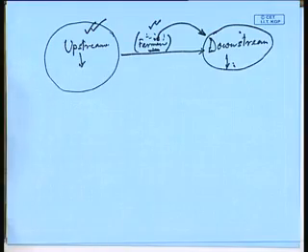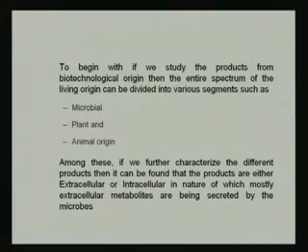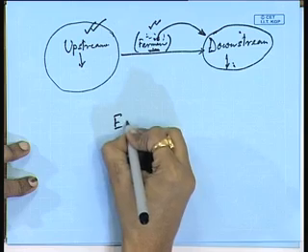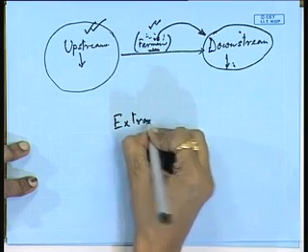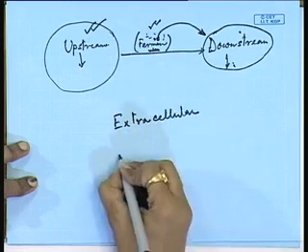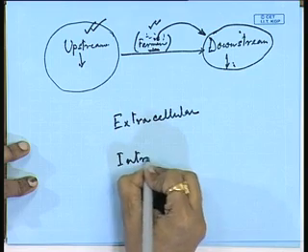And while starting this downstream processing, we have to have an idea about the strategies of downstream processing. When we talk about the strategies, we are mainly talking about two processes. If this is a microbial process, the product can come in two different forms: one is the extracellular metabolite, another is the intracellular metabolite.